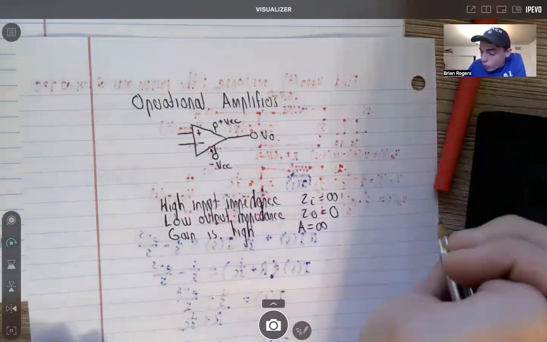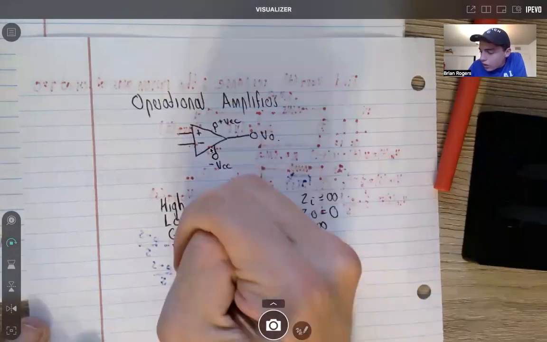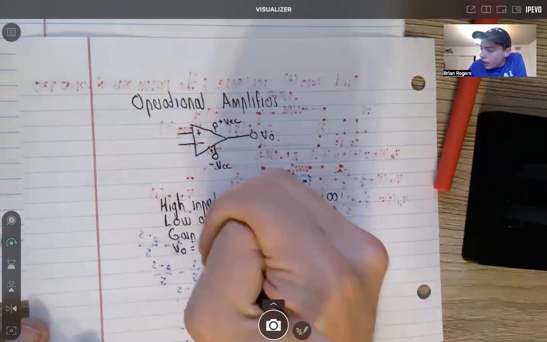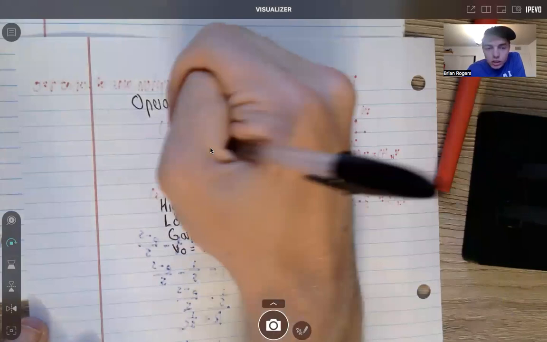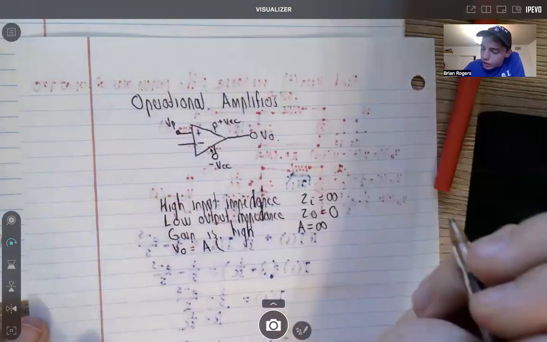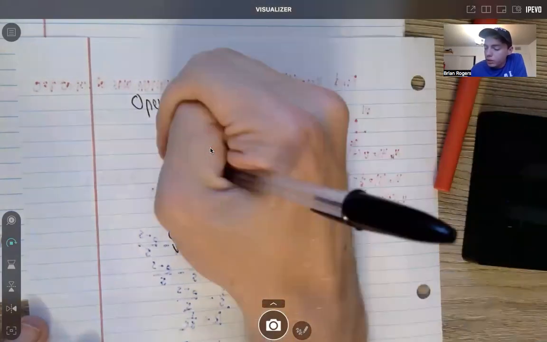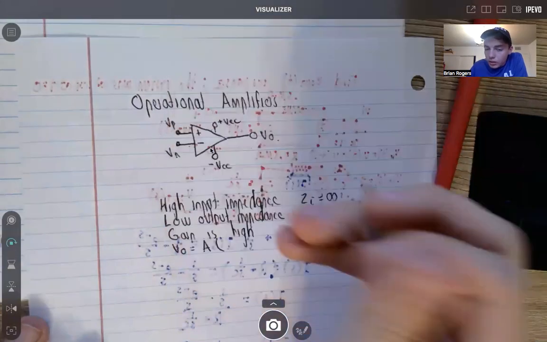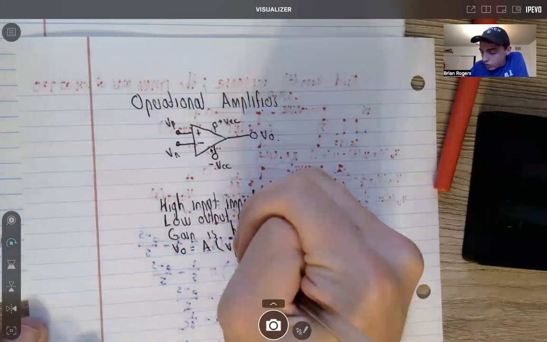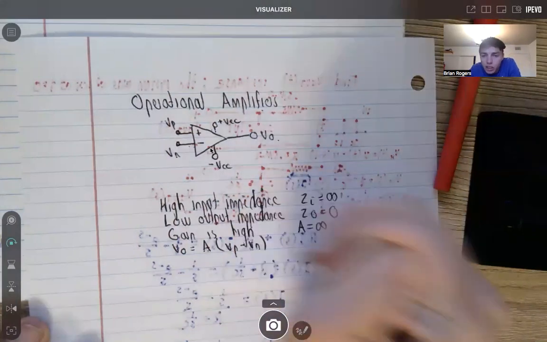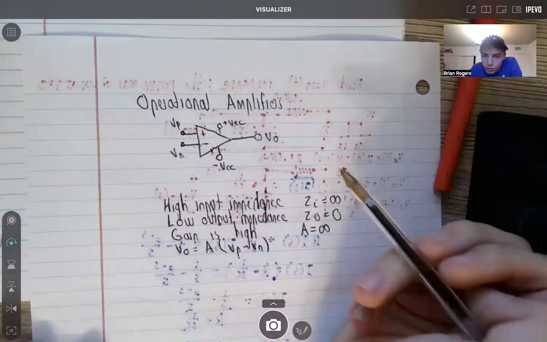And our output voltage is going to equal the gain multiplied by, and what I always like to say is, the positive voltage, V of P, minus the negative voltage, the voltage at the inverting terminal. So it's the gain multiplied by the difference between the positive and negative terminals. I hate it when teachers say V1 and V2.